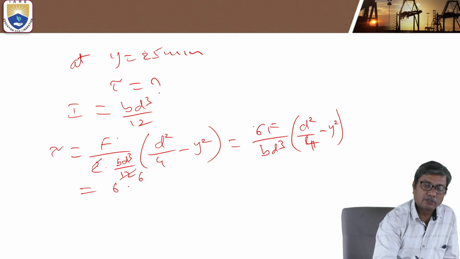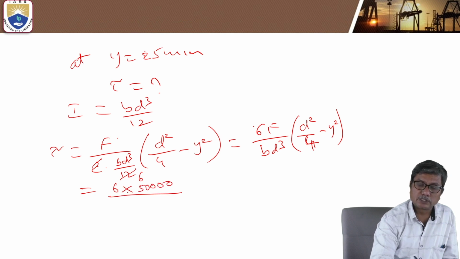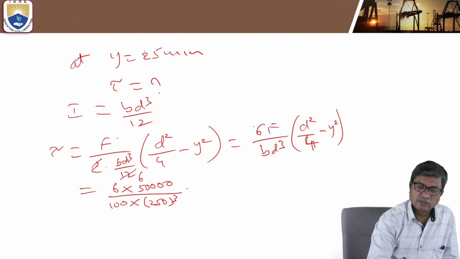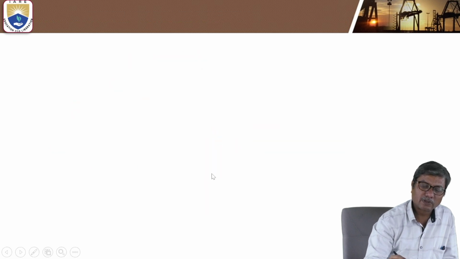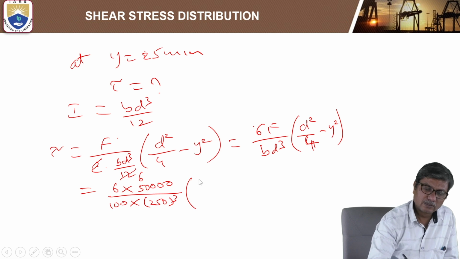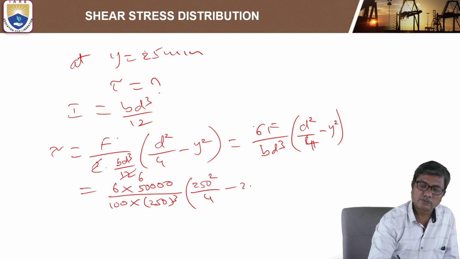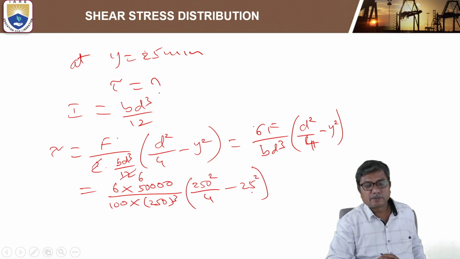So substituting the values now, 6 into F, which is 50,000 newtons, over b d cube, into d square by 4, that is 250 square by 4, minus 25 square.